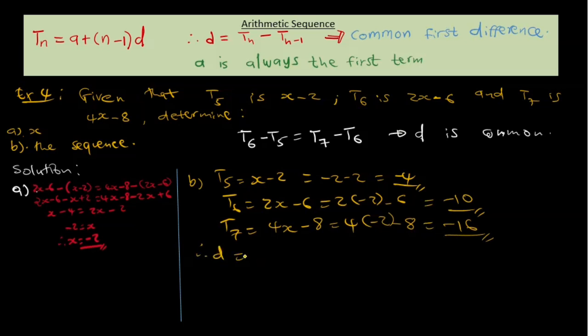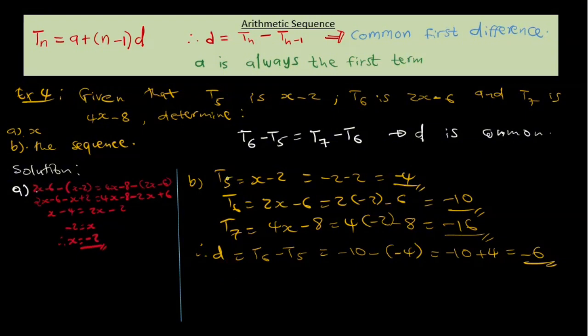Therefore, d will be T6 minus T5, which is minus 10 minus minus 4. This is minus 10 plus 4, which is minus 6. Now I know the value of d, I need to calculate the value of a. I can take any term, let's say I use T5. I know n is equal to 5.